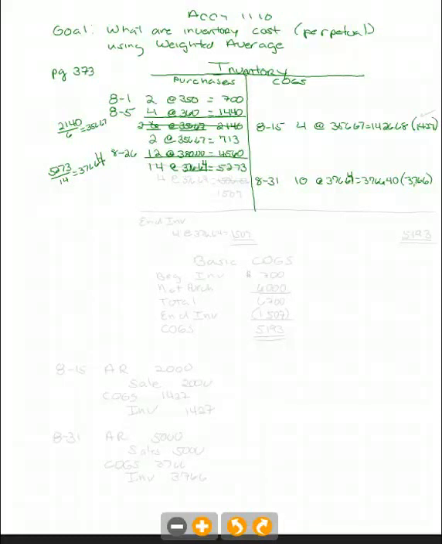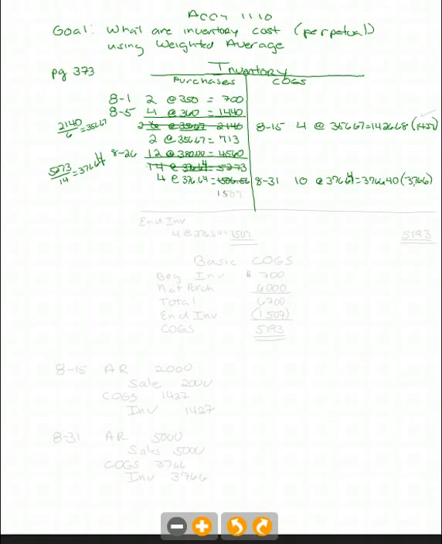So altogether this whole period, we had total inventory available of $6,700. In ending inventory, our count shows that we have $1,507 left. $6,700 minus $1,507 leaves you your cost of goods sold of $5,193, and if you notice, that ties out.